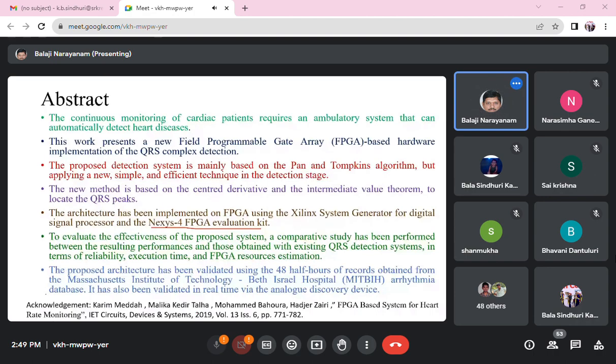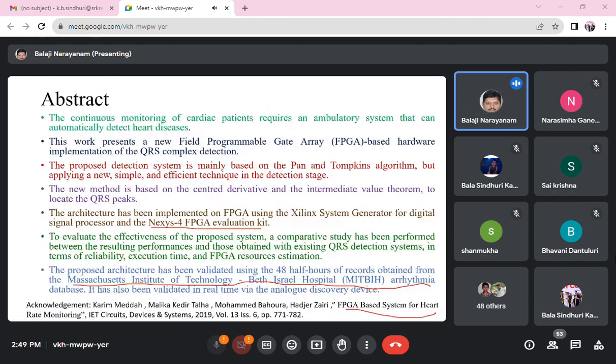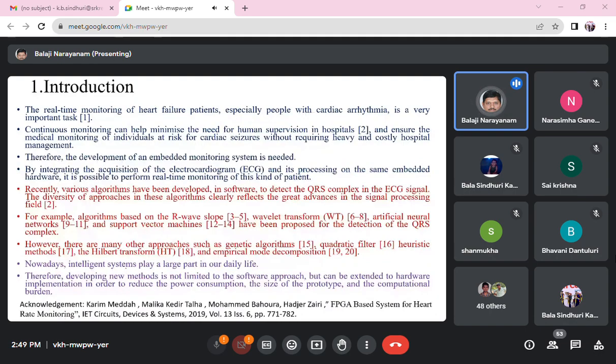All the data related to arrhythmia classification are taken from a standard database by the authors. With due acknowledgement to these authors, this is the FPGA-based system for heart rate monitoring, a standard transactions paper that was taken.